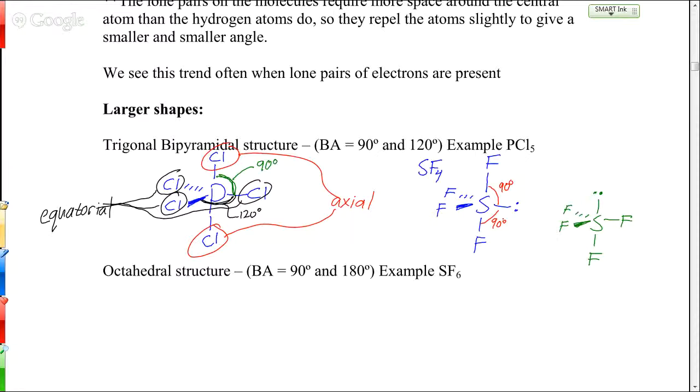The one on the right, we actually have 3 that are all at 90 degrees. So that ends up putting them closer to the lone pair. And so the one on the left actually ends up being the better structure. Even though the one on the right has a fluorine that's further away, the forces are actually minimized in the one on the left because of the fewer 90-degree interactions.